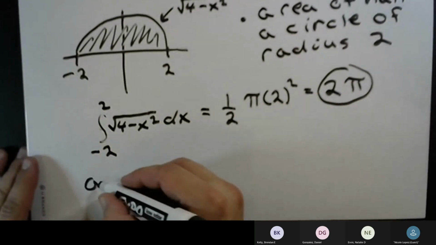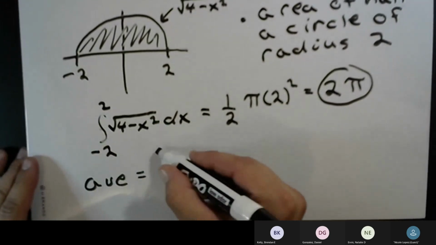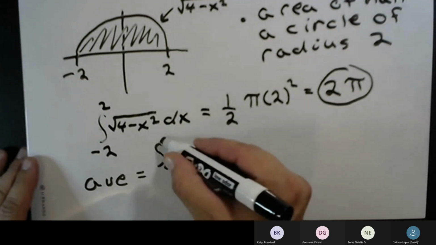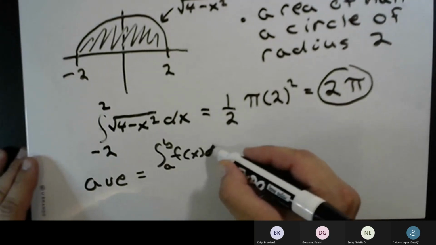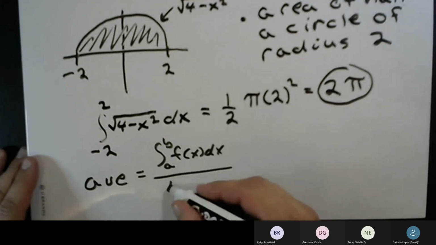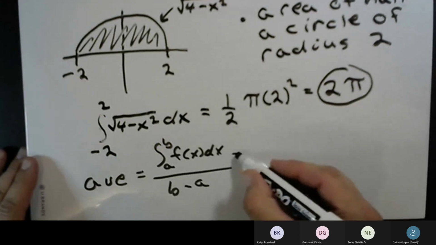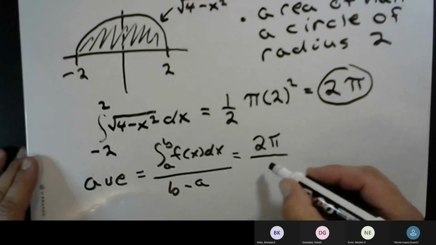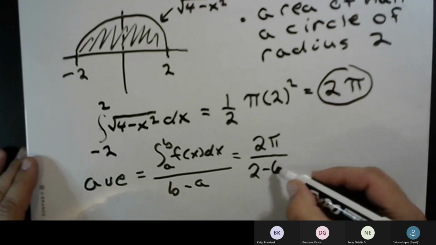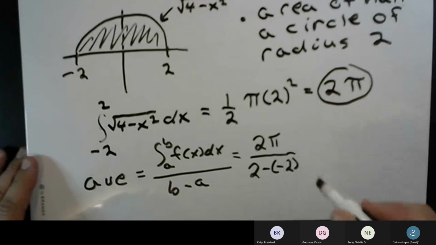Well, so the average, what's our integral over b minus a, or 2 pi over 2 minus -2.